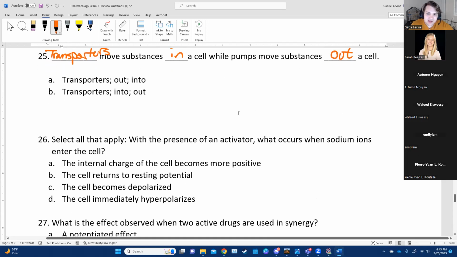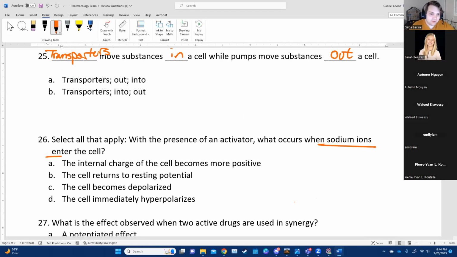With the presence of an activator, what occurs when sodium ions enter the cell? The internal charge of the cell becomes more positive. The cell returns to resting potential. The cell becomes depolarized. The cell immediately hyperpolarizes. Yeah.